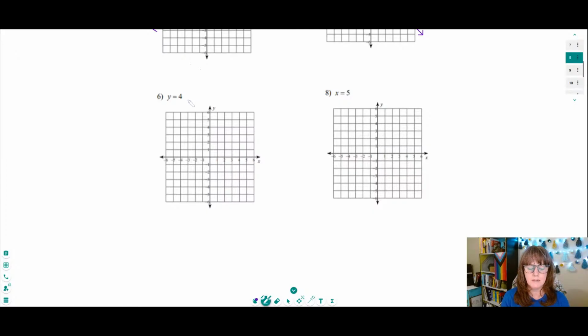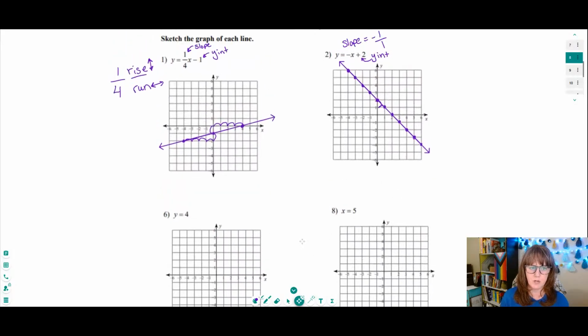It might seem very different than these other equations up here, but what is really happening is that this is y equals 0x plus 4. So it technically is still in that format. We just don't have an x term in this one because our slope is 0.